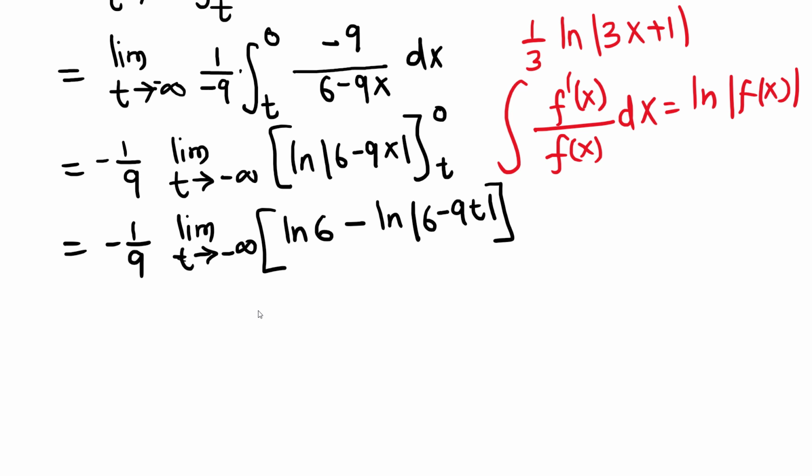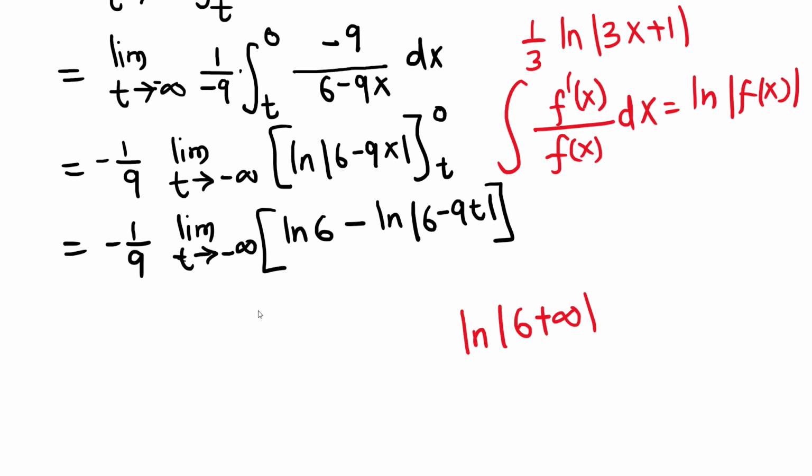What's going to happen? If we put t equals negative infinity, this is going to be 6 minus 9 times negative infinity. A very, very big number multiplied by 9, and negative times negative means positive. 9 times very big is very big.